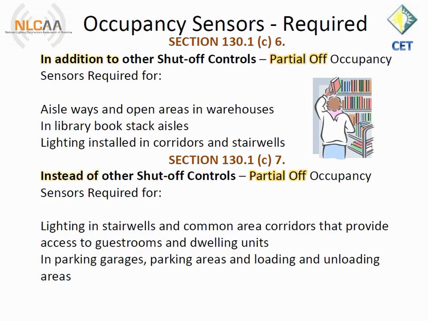Areas under 130.1(c)6 require 2 shutoff controls, and under 130.1(c)7, some lighting must remain on. So what if I have a corridor or a stairwell that falls under 130.1(c)6, where I have a partial off occupancy sensor or sensing system in addition to other shutoff controls?